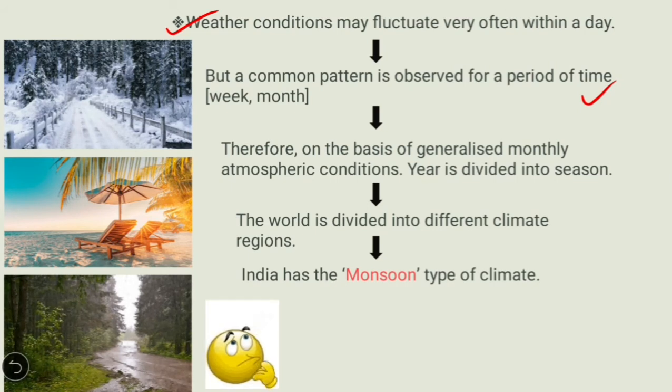So like this, the weather conditions may fluctuate or change within a day, but a common pattern we will observe for a period of time. It can be for a week, it can be for a month.